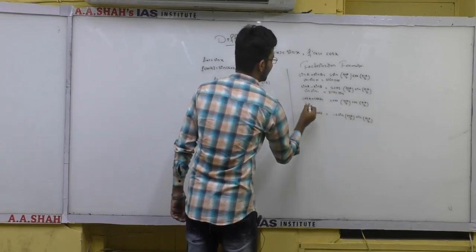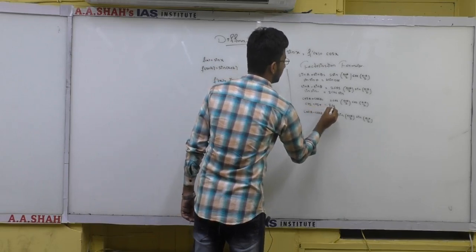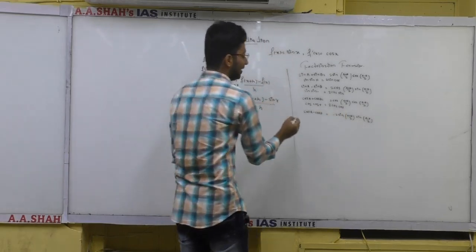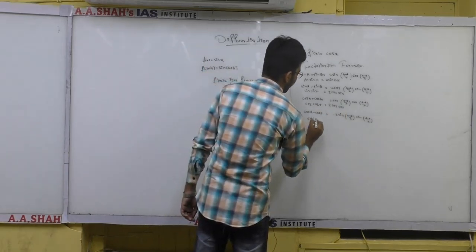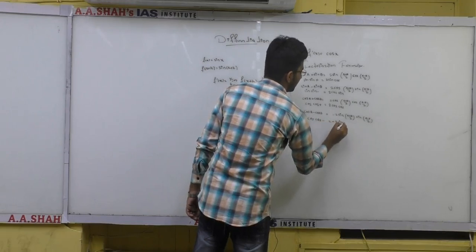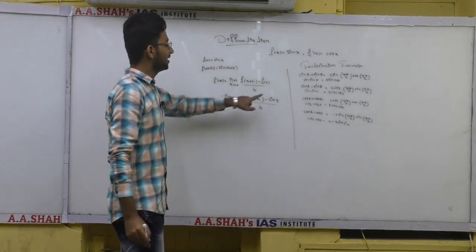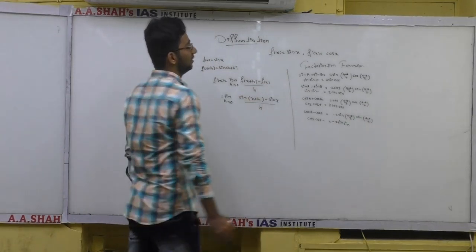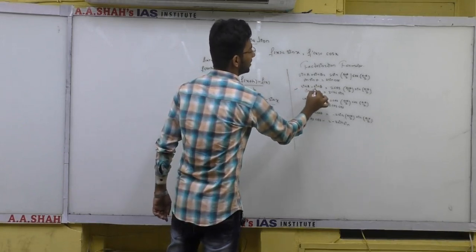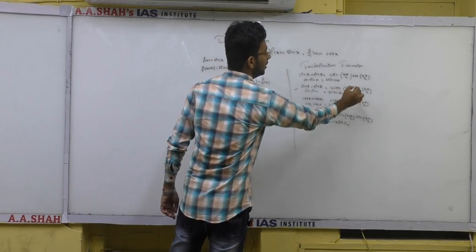If we have cos plus cos, then we write 2 cos cos. And if we have cos minus cos, then we write minus 2 sin sin. So this way you can remember these formulas. Okay, so now our case is sin minus sin, the second one. So the formula will be 2 cos((a+b)/2) sin((a-b)/2).